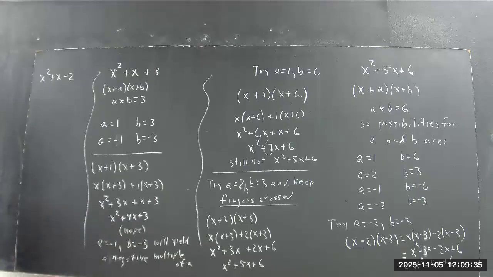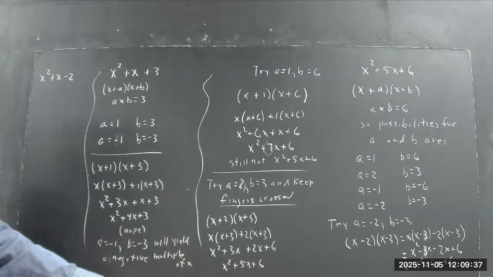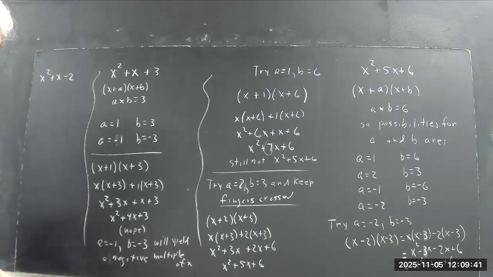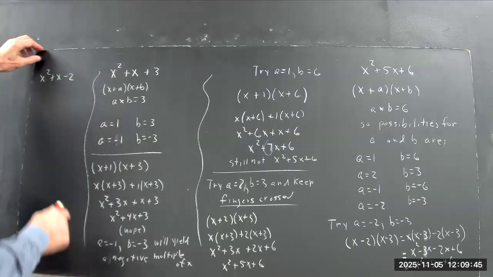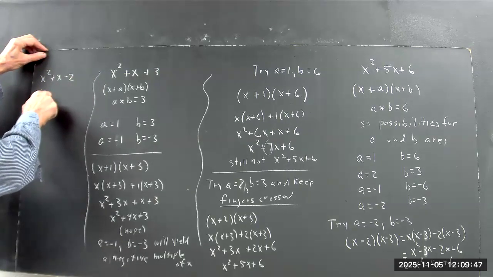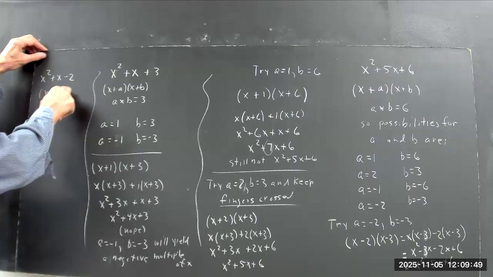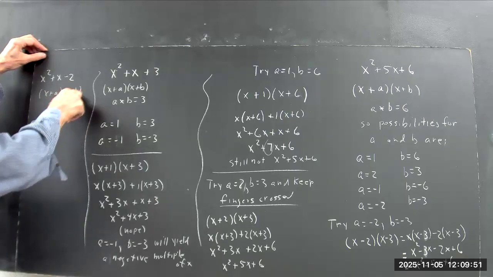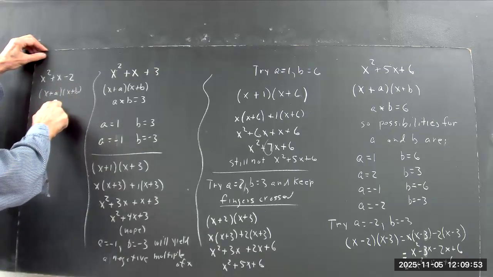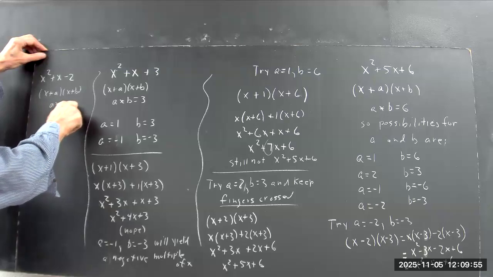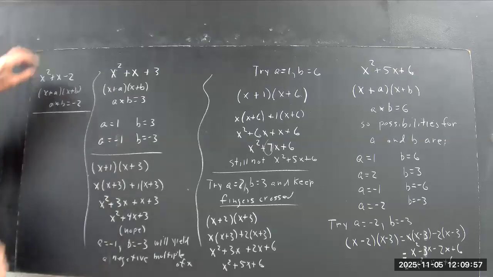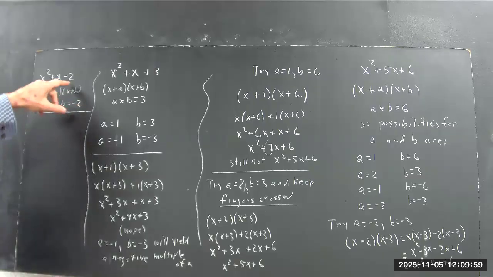x squared plus x minus 2. Now you want to write out the x plus a times x plus b thing, so I'll just write it out quickly. So you want two numbers that'll multiply out and give you -2.